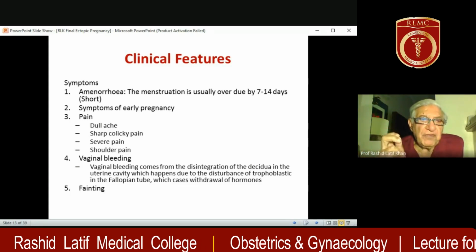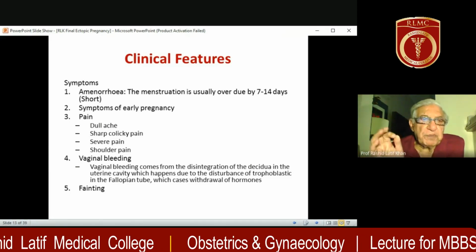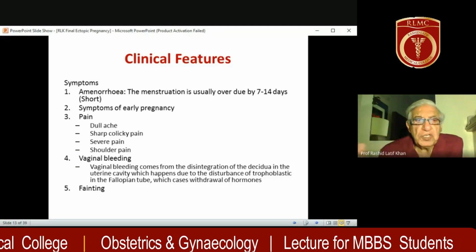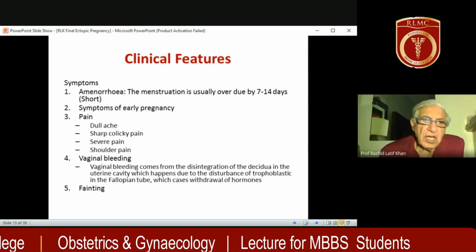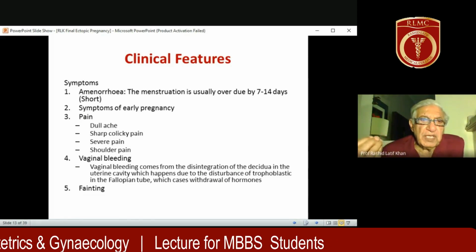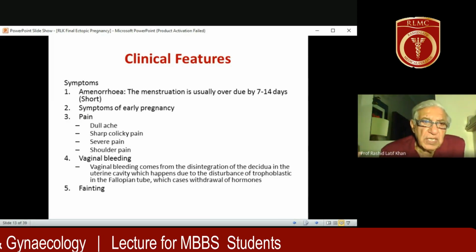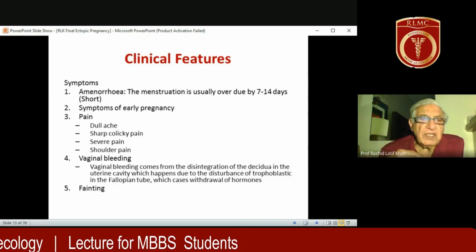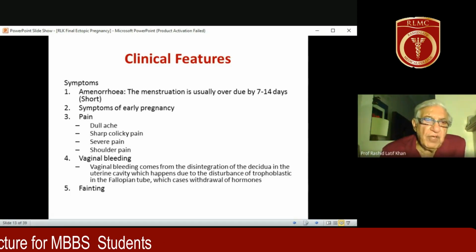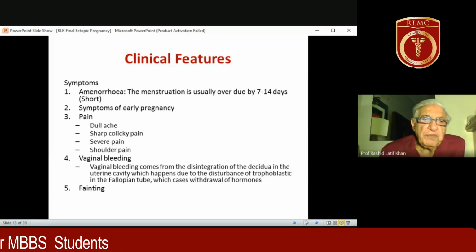But the main feature of ectopic is pain. Pain could be just a dull ache, or it could be an acute, sharp ache, or something giving way like rupture. And when there's a lot of bleeding inside the peritoneal cavity, that blood will irritate the peritoneum and will lead to shoulder pain.